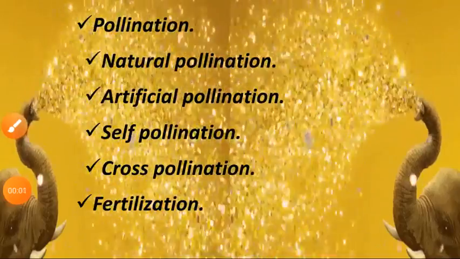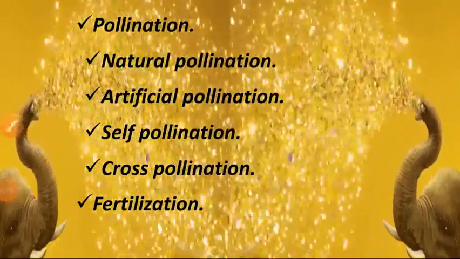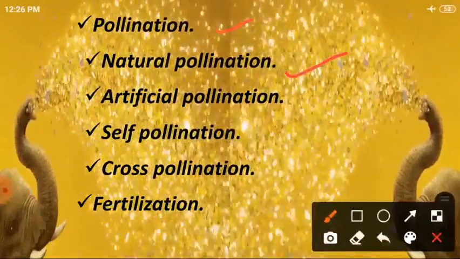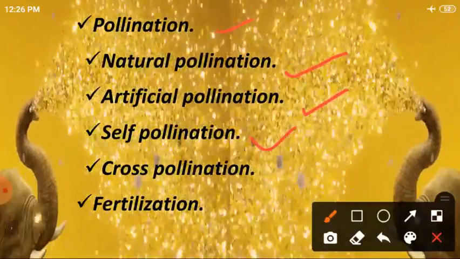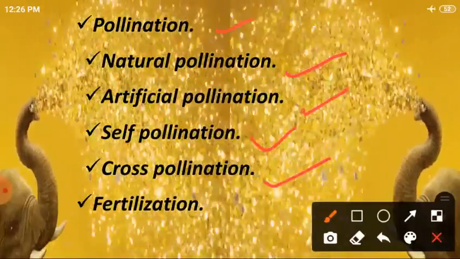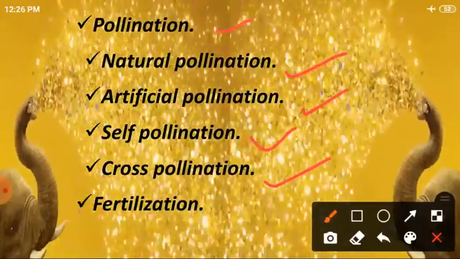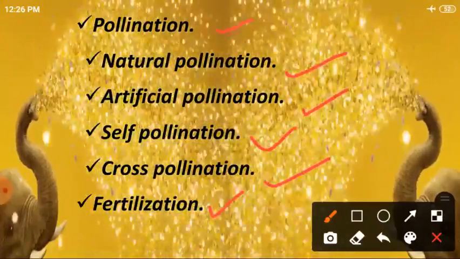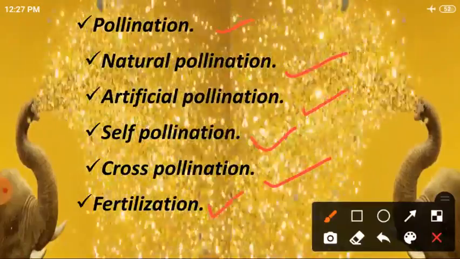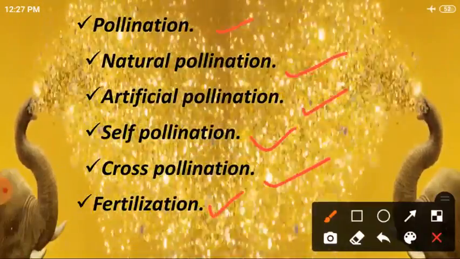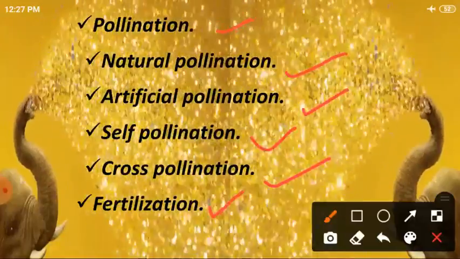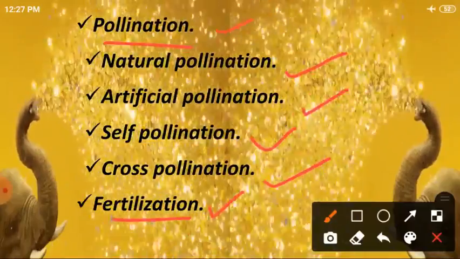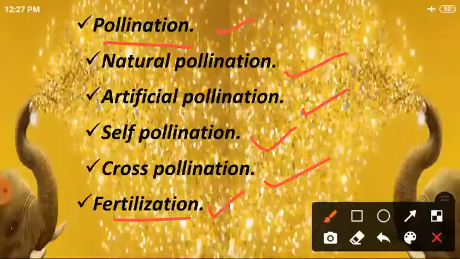Children, in today's class, we are going to see about pollination: natural pollination, artificial pollination, self-pollination, and cross-pollination. These are the types of pollination, and we are going to see about fertilization. Pollination and fertilization are involved in sexual reproduction.